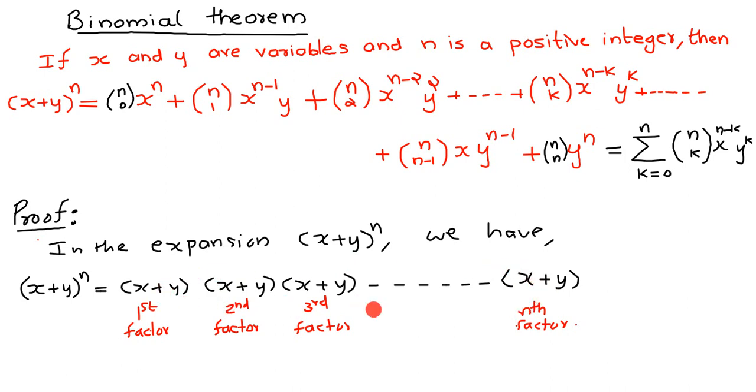When we select n minus k x's, automatically there will be k y's. So the coefficient of x raised to n minus k y raised to k is the number of different ways in which we can select n minus k x's, and consequently k y's, from n available factors. The total number of such selections is nCk.